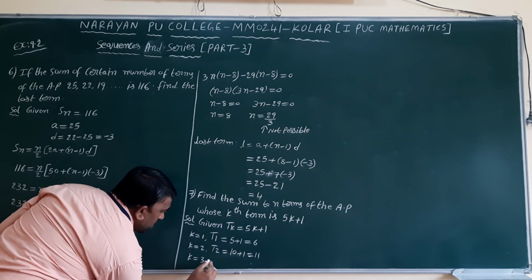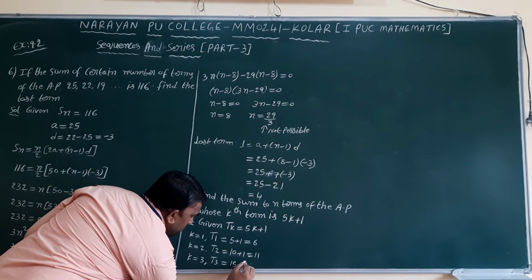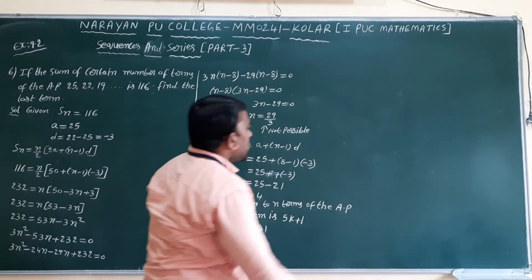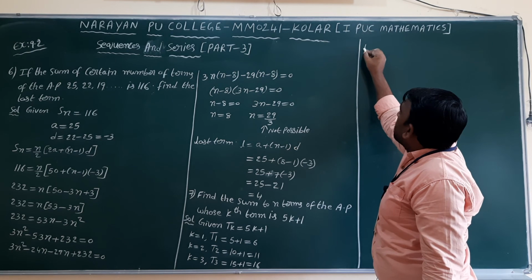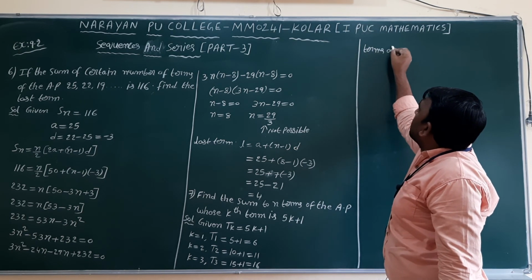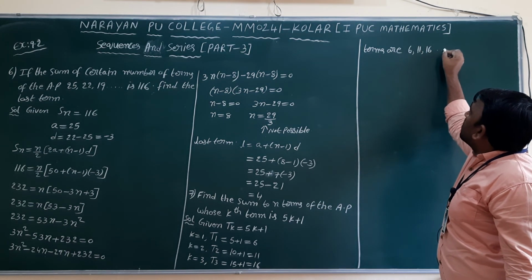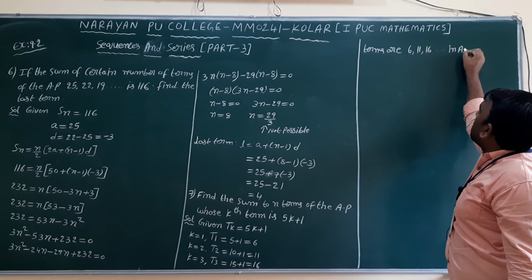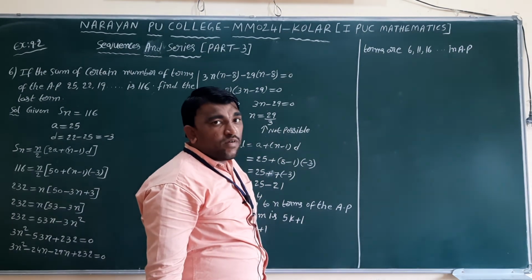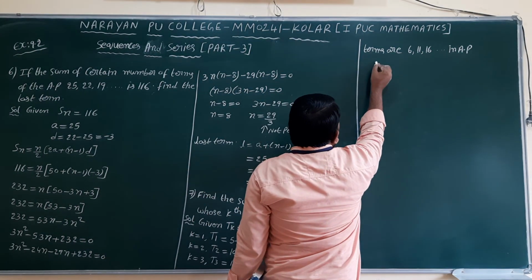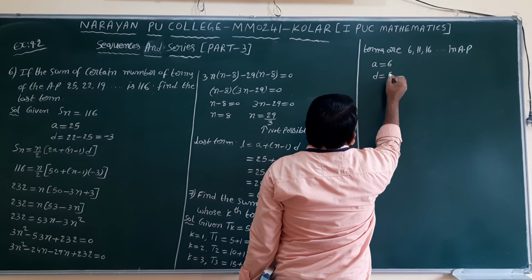K value 3, T3 equal to 5 into 3, 15, plus 1, equal to 16. So now the terms are 6, 11, 16. Answer, it is in AP. If you observe, the difference is the same for every two consecutive terms. Here A equal to 6, D equal to 11 minus 6, 5.